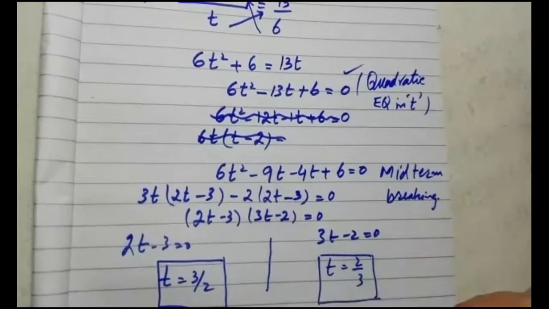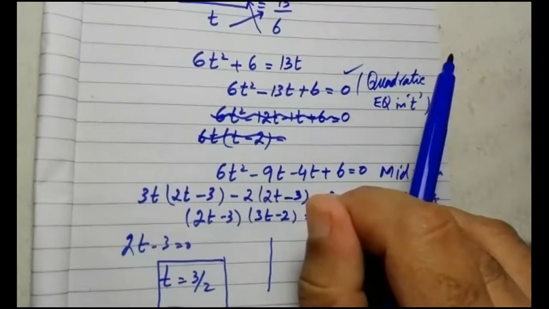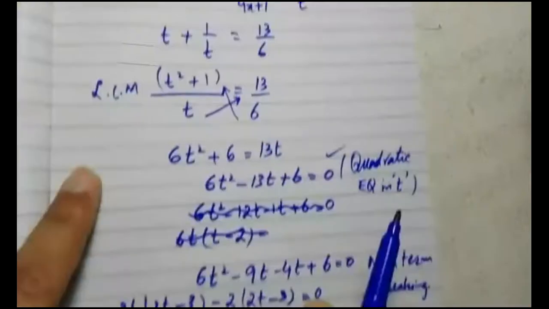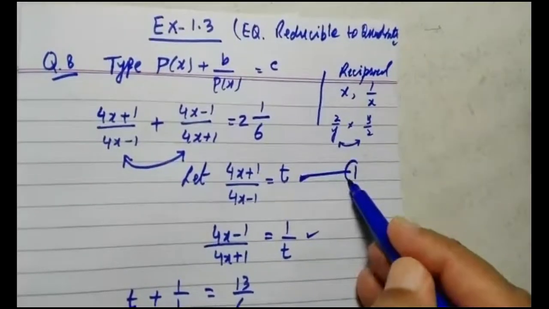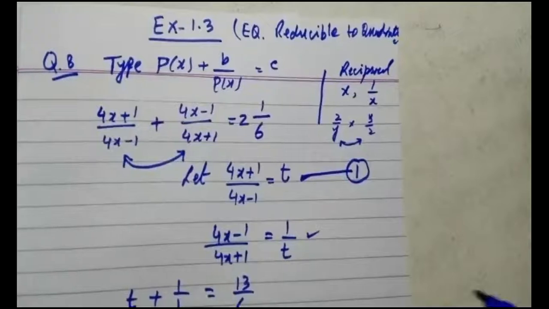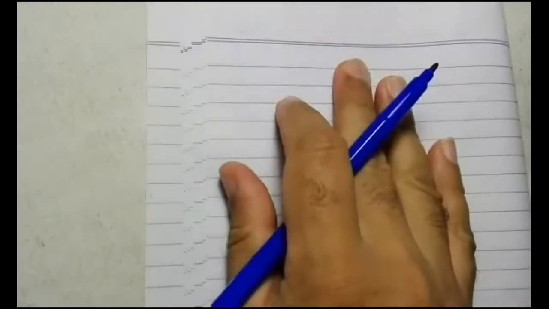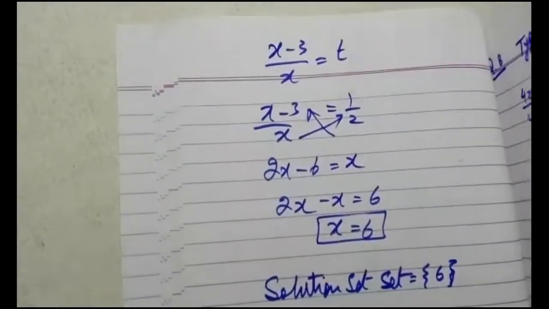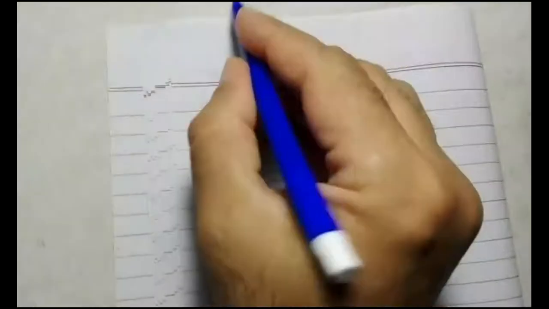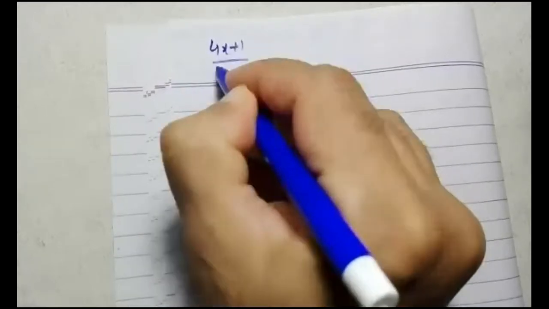Now we have to substitute the value of t that we worked out in the beginning of the question right here. You can label it equation number 1. This is the value of t. Now we will substitute the value of t in both of these equations, and then we will find the answer. So t is equal to 4x plus 1 divided by 4x minus 1.